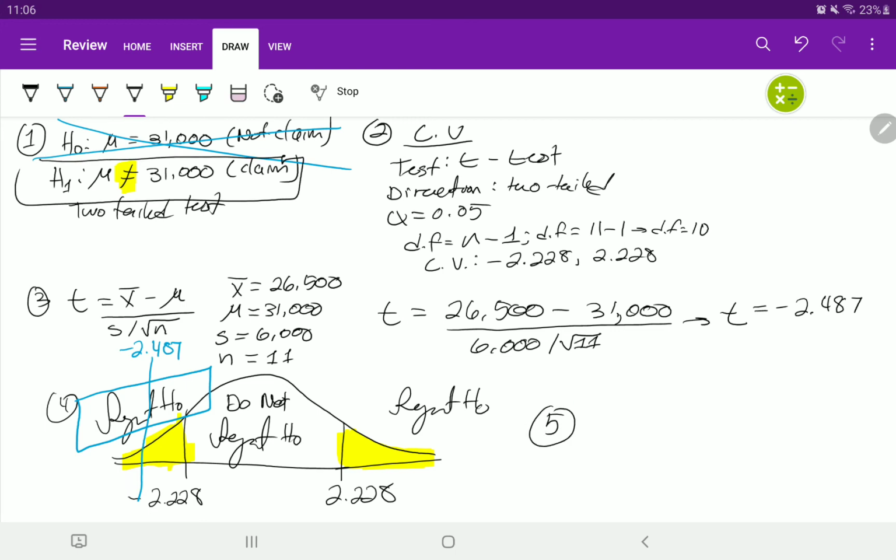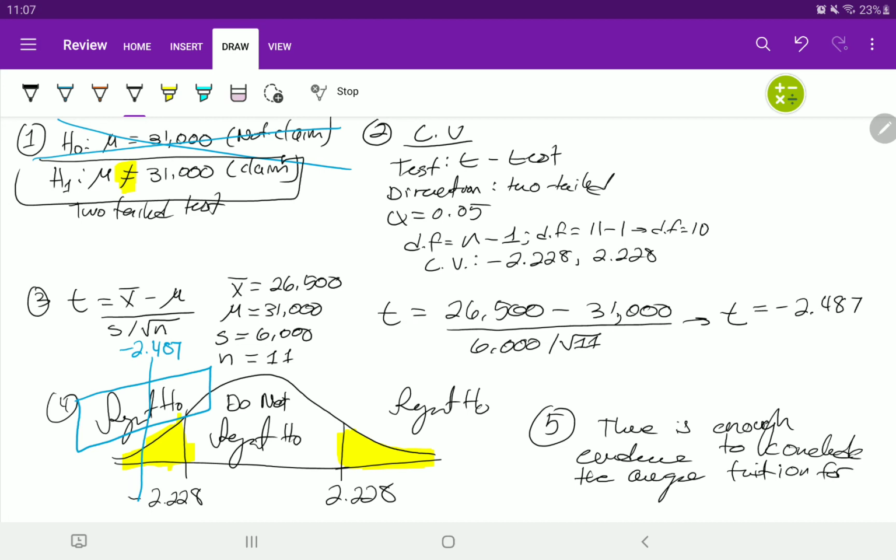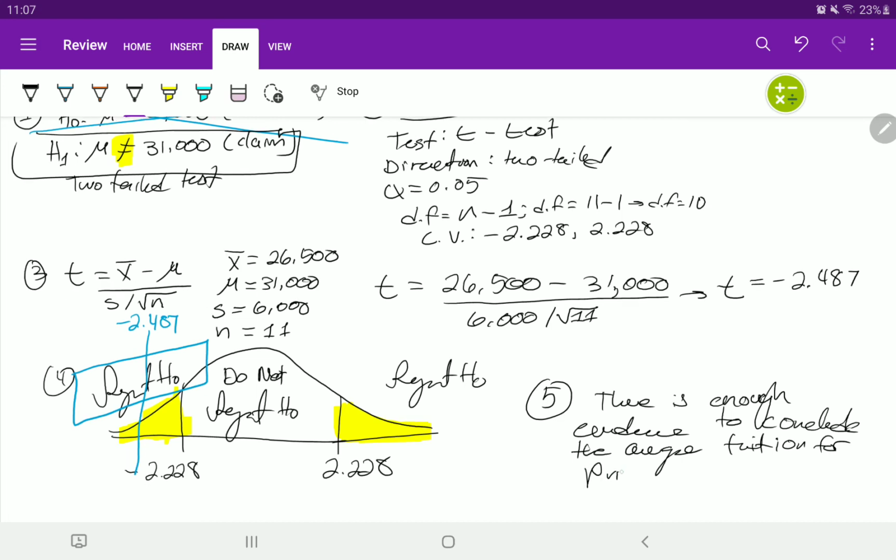Number 5, which means there is enough or sufficient evidence to conclude the average tuition for private colleges is different from $31,000.